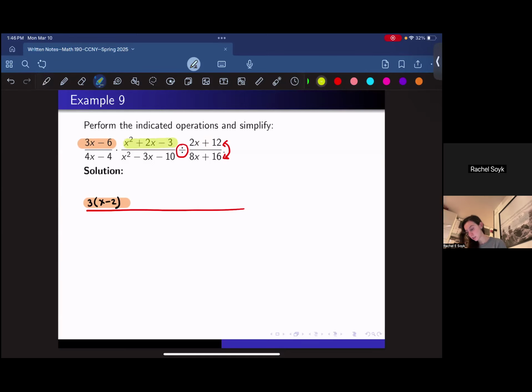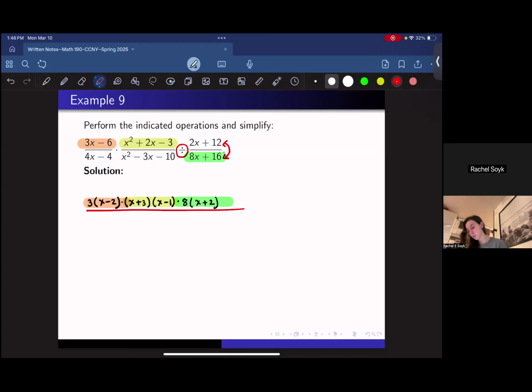I can factor this into 2 binomials, our x plus 3, x minus 1. This is now in the numerator, and I'll pull out an 8. And this is all multiplication now. So now I have x plus 2.